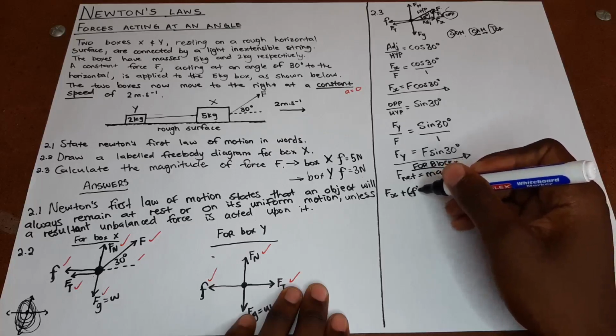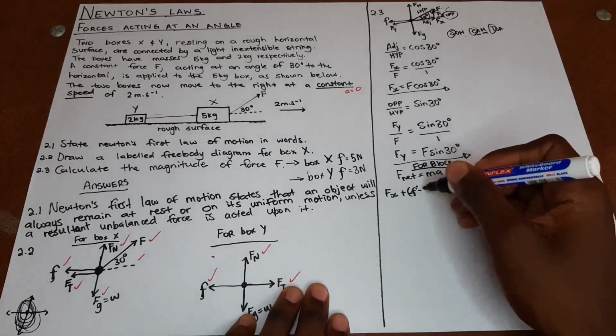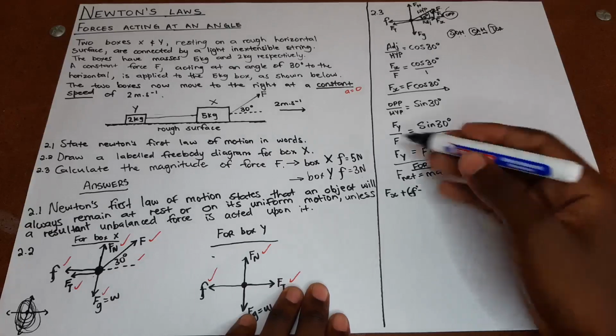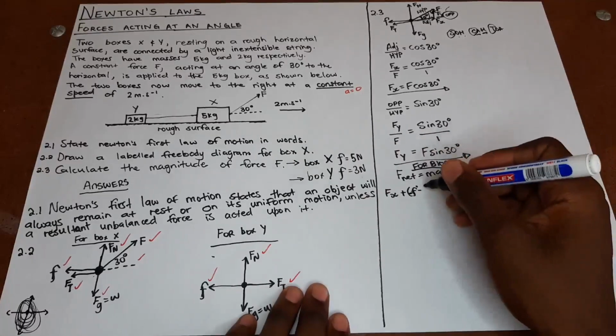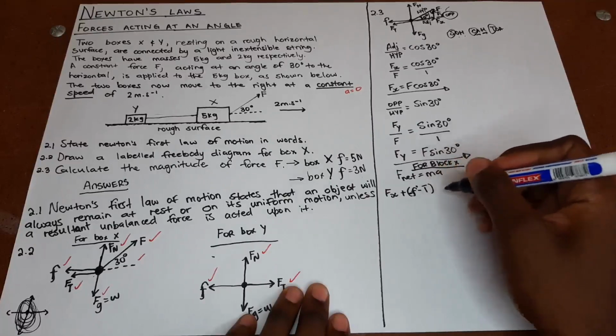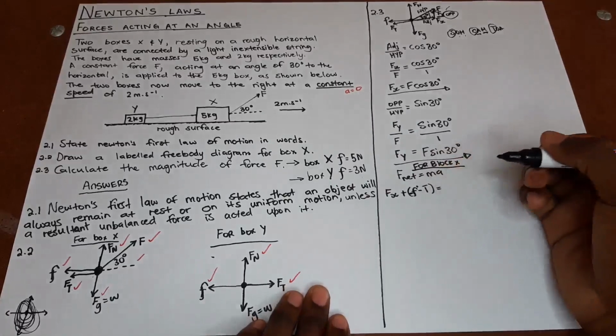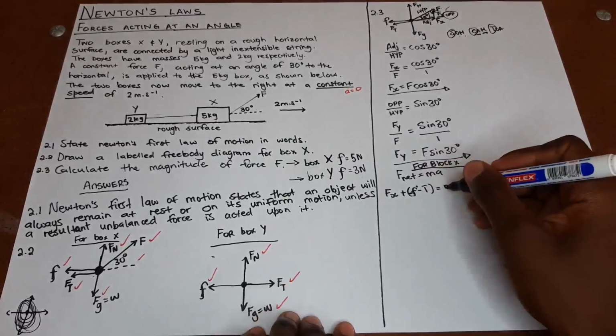Minus the tension force. The tension acting in that block is equal to MA, and MA is equal to 5A.